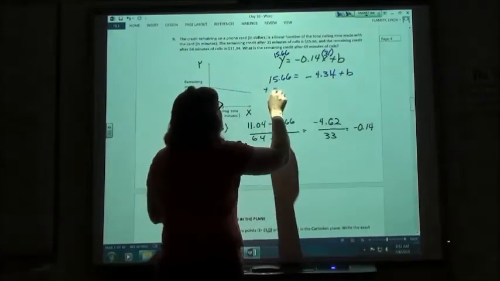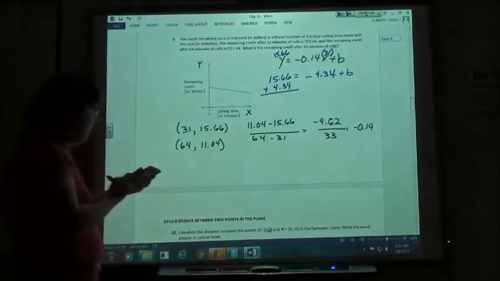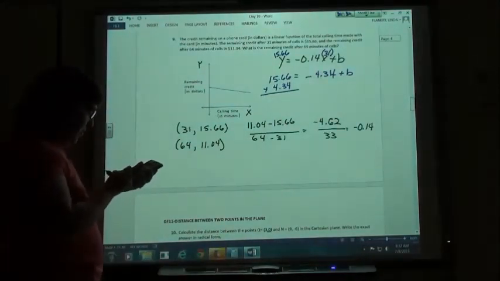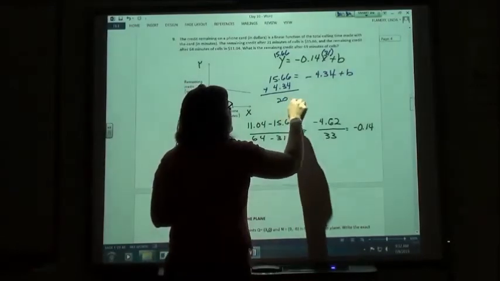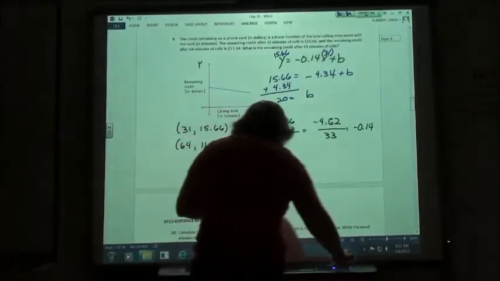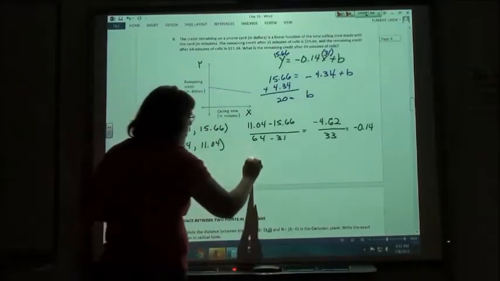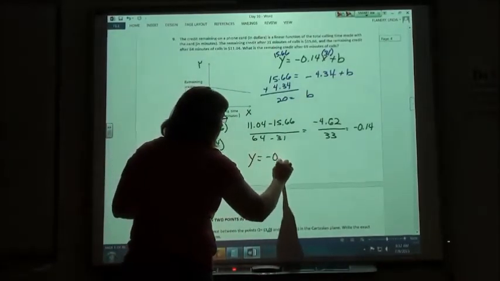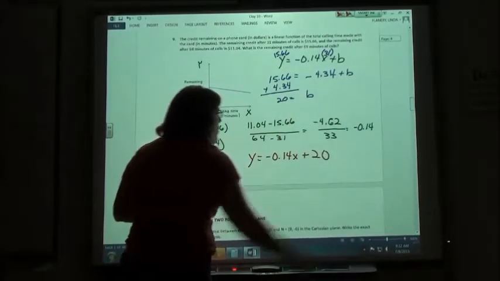So I have to add my 4.34. 15.66 plus 4.34 comes out to 20 for my b value. So now I can do the equation of my line. Y is going to equal negative 0.14x plus 20.